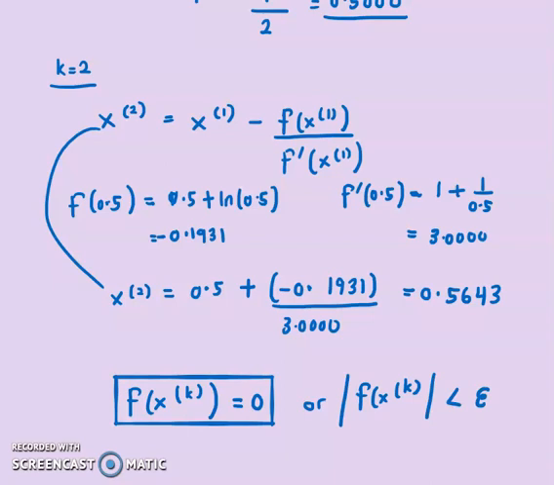Epsilon is a very small number, and normally the question will give you the epsilon. For example, epsilon can be 0.005. So don't look at the derivative, look at the function here. Whatever k value, if it's less than 0.005, you stop the iteration, and your root will be whatever your value of x is at that moment. Okay, so this is the Newton method.